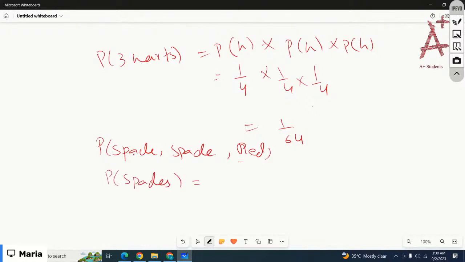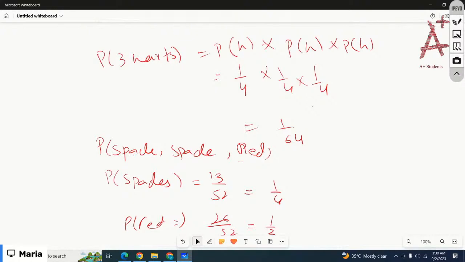Again, you have 52 cards, and 13 are spades, so it would be 13 over 52, or 1 over 4. And for red, 26 cards are red, half of them are red and half are black, right? Half of 52 is 26, right? So the probability of red is 1 over 2.